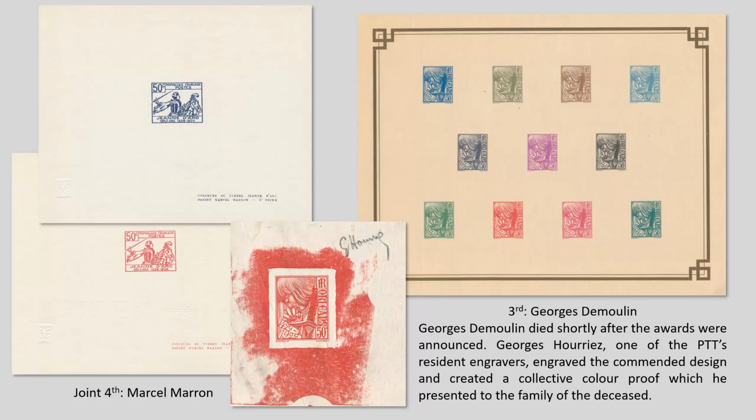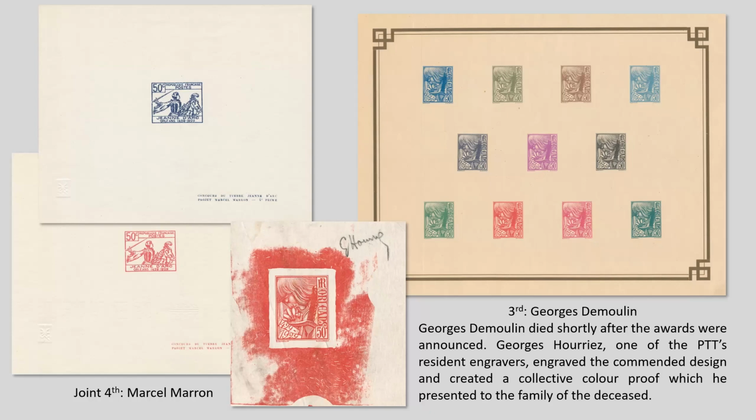In the middle and the right, you have the design that was submitted by Georges Desmoulins. Now, Georges Desmoulins was the son of Louis Desmoulins, who was the director of the State Stamp Printing Works at the time.